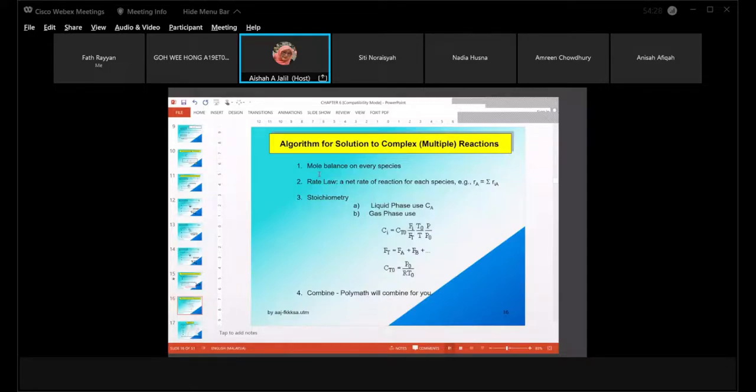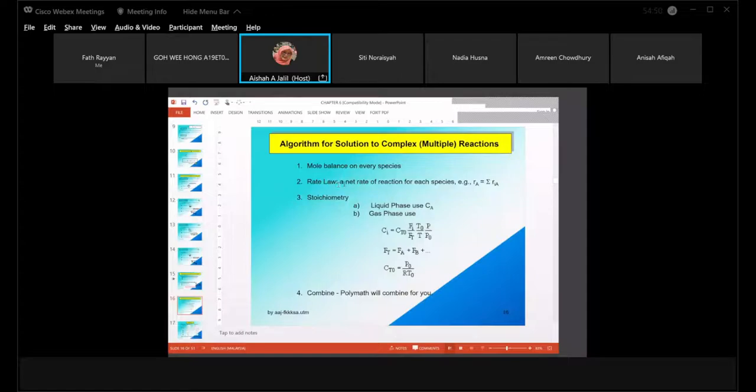But the algorithm is the same for multiple or complex reactions. Same as the single reaction, you have the mole balance for batch, CSTR, PFR, PBR, for each species, and then you have to know the rate law.